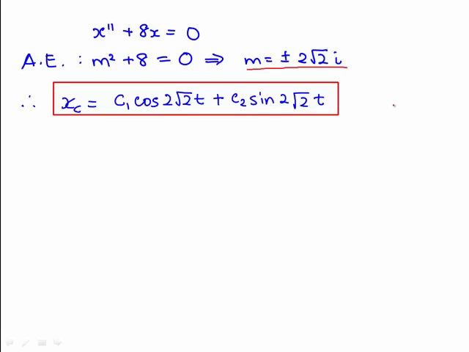We can then write down the complementary function, which is also the general solution of the associated differential equation, xc = c1 cos 2√2 t + c2 sin 2√2 t.